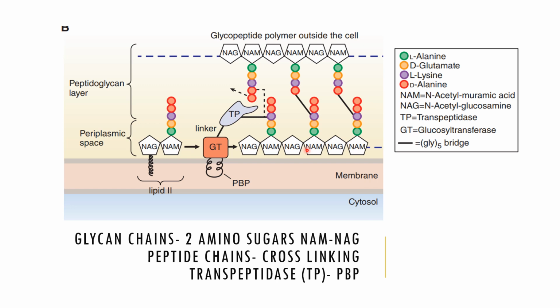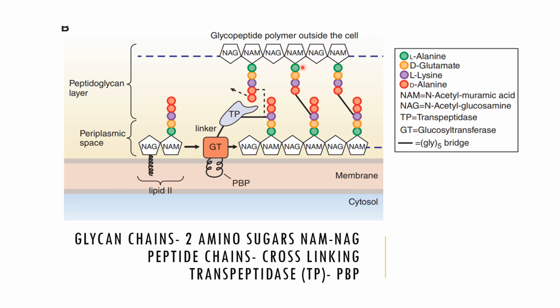So these are the two chains and they are cross-linked by the peptide chains. These are the peptide chains, and they cross-link these two amino sugar chains.